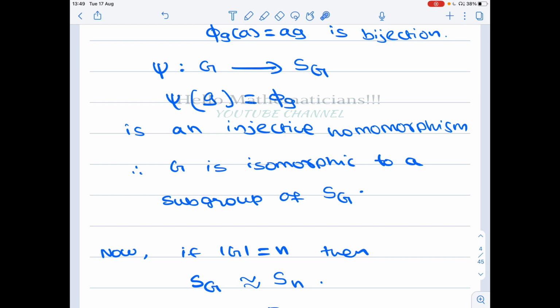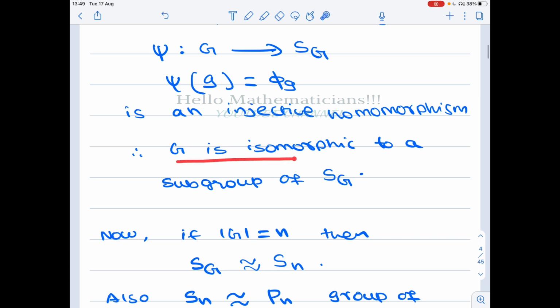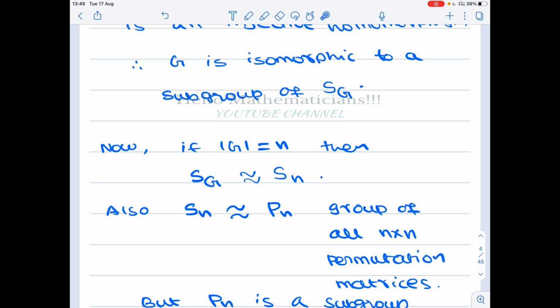This proves that any group, we don't need finiteness here, any group is isomorphic to a group of permutations. Now we proceed further. If the order of G is n, then S_G, the set of all bijections from G to G, is isomorphic to permutations of 1 to n.